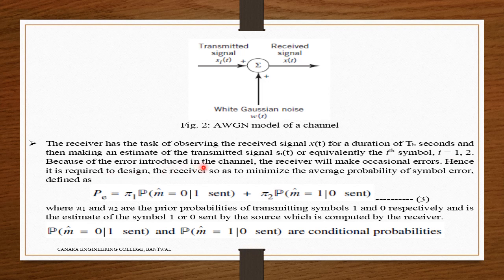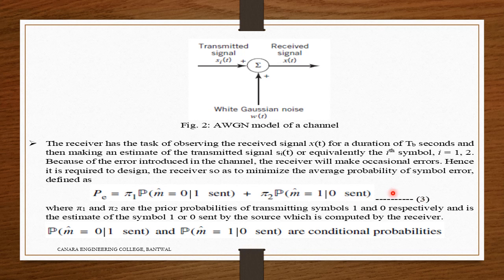Because of the error introduced in the channel, the receiver will occasionally make errors. Hence, it is required to design the receiver so as to minimize the average probability of symbol error, defined as P_e equals pi_1 times the probability of m-hat equals 0 given 1 sent, plus pi_2 times the probability of m-hat equals 1 given 0 sent.